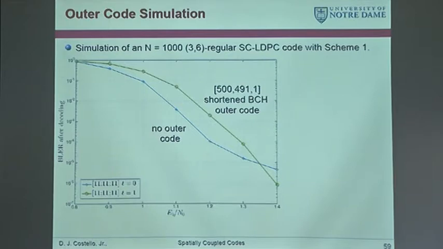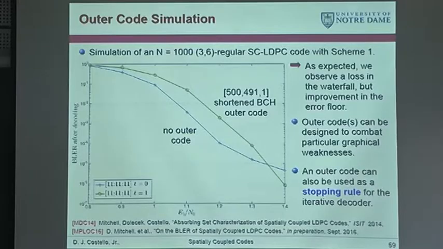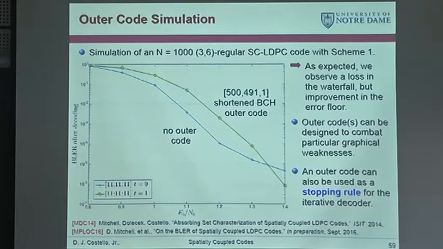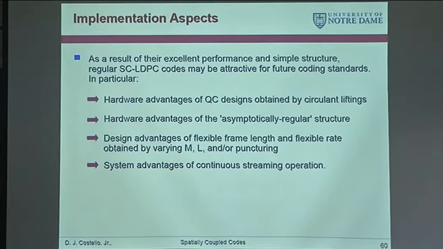So this may be something, if error floor is an issue, that people would want to look at, in terms of trying to avoid any error floor problems that these codes might have. We could also use the outer code as some kind of a stopping rule for iterations, if we wanted to try to reduce computational complexity.